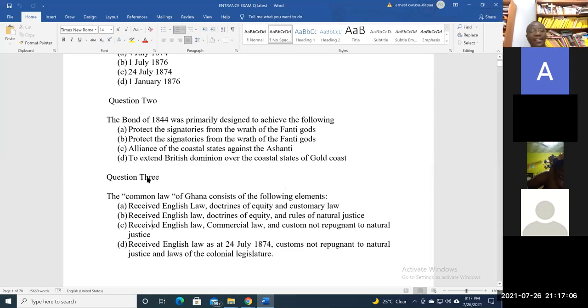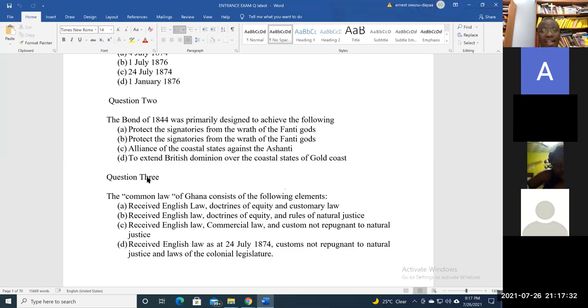Okay, so the common law of Ghana consists of the following elements. So again, let's assume that we don't know the correct answer, and you need to use the elimination method. As soon as you hear of the common law of Ghana, you have to know that we are speaking in terms of the Constitution.